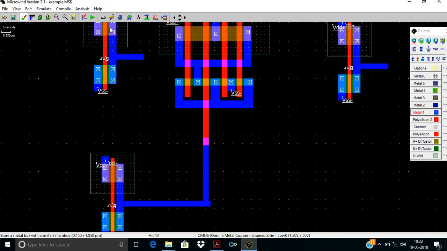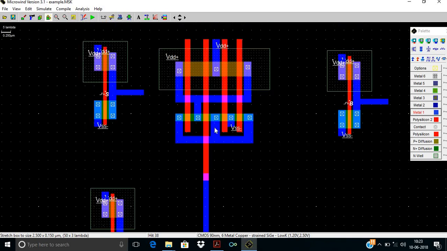First connection: the output of the inverter is connected to the A bar input. Then this is the S output, connected to the S bar. This is A bar, B bar, this is S, and this is S bar. Stretch and move.